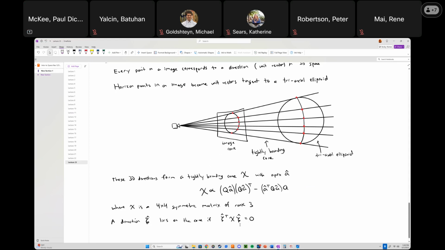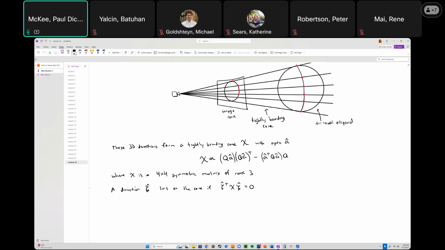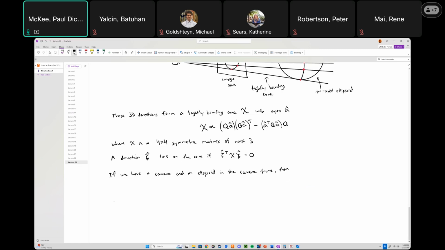So if we have a camera and an ellipsoid in the frame, or we'll say in the camera frame, then the apex is just going to be all zeros, right?